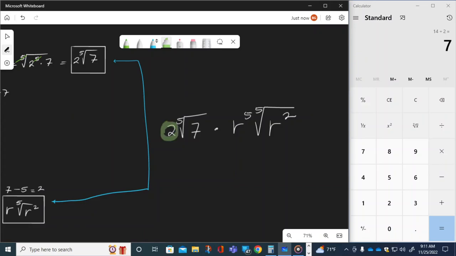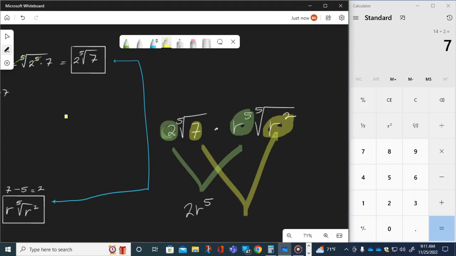You are going to take what's outside and combine them together, and you put them in the front. So this is 2r. And then you are going to take what's inside and combine them together, and you're gonna put them in jail. So this stays in the jail of the fifth root, right? 7r to the power of 2, and that's the answer to this exercise, okay?